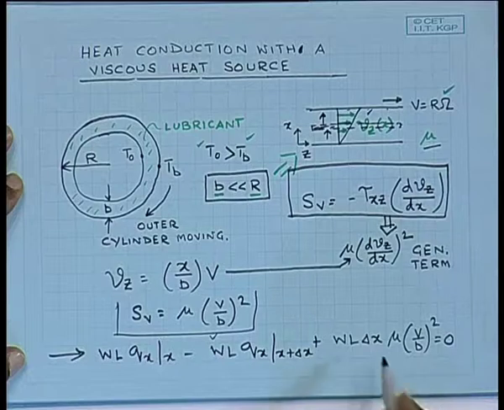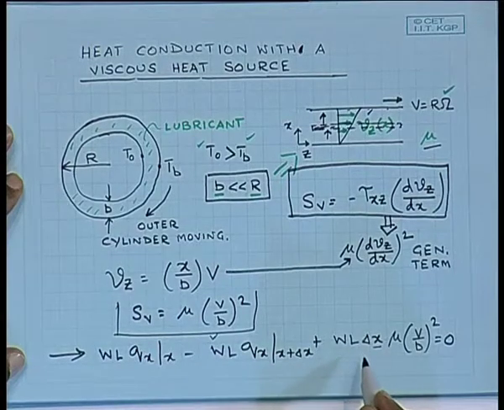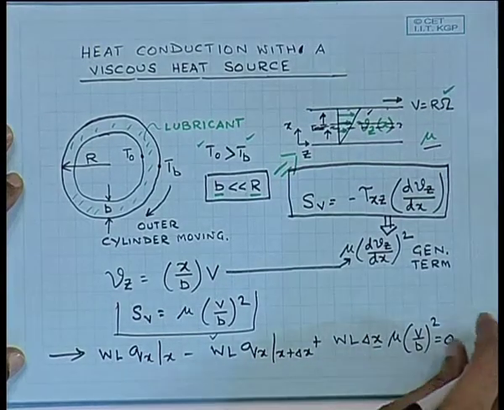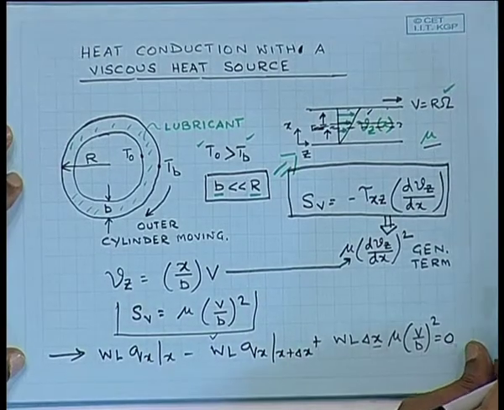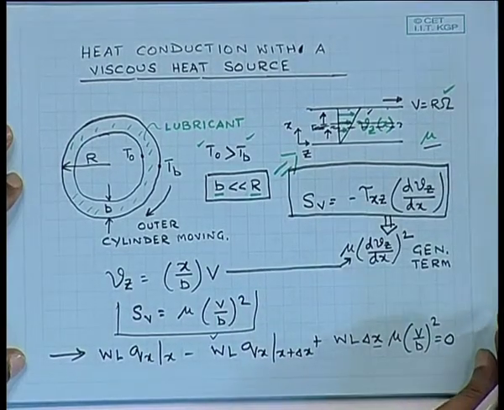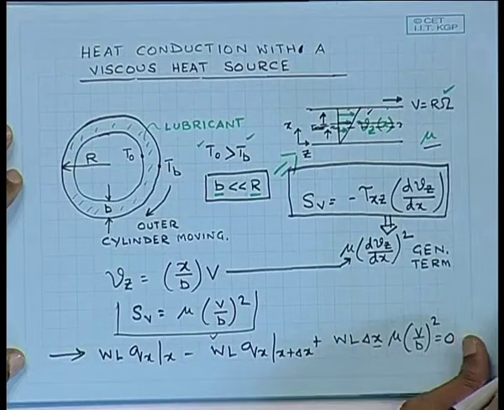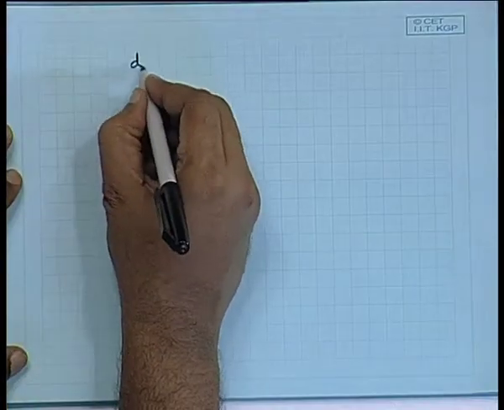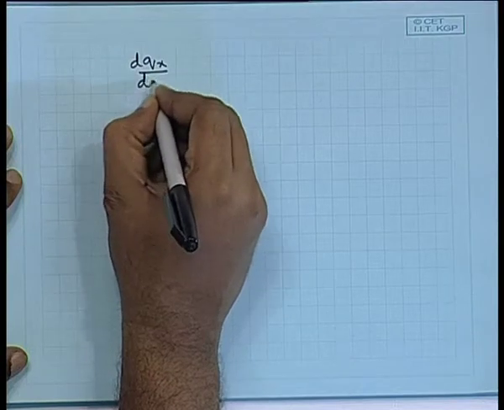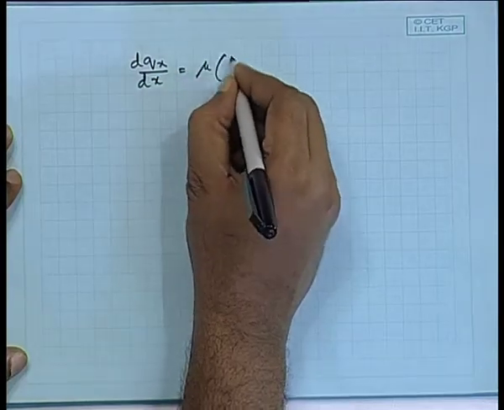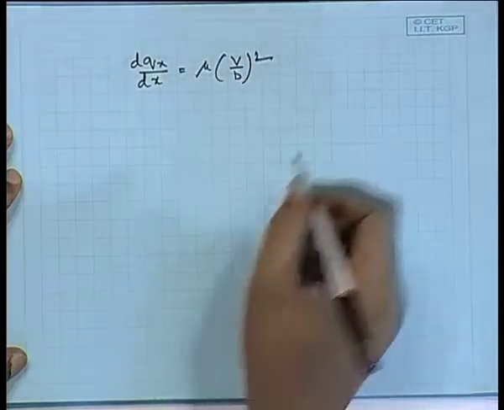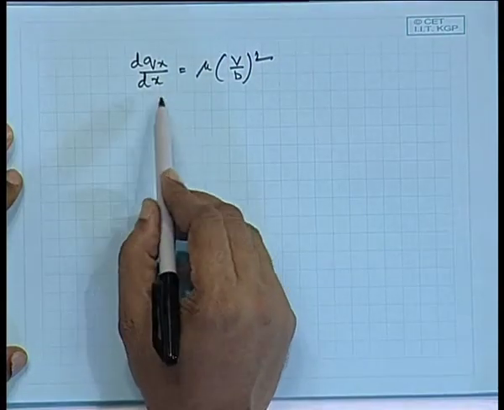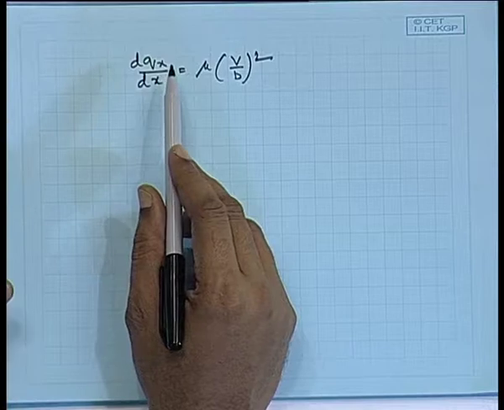The next step obviously, as you all know, is to divide both sides by delta x, take the limit when delta x approaches 0, and what you get is the final governing differential equation, and I am going to write that differential equation as follows. And what would be the next step? Substitute Qx by Fourier's first law.